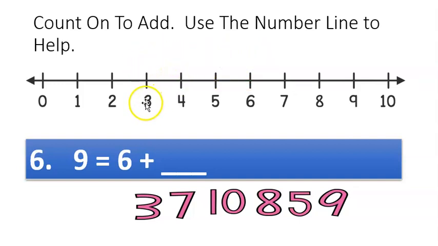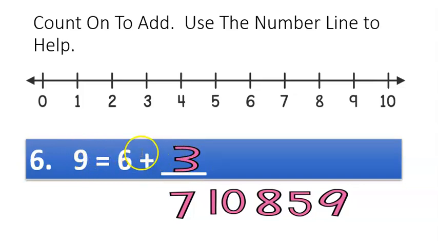So what's our answer, first graders? 3. So Mr. Begay is going to get 3. I'm going to insert it in here to my addition equation. So this is going to now read 9 equals 6 plus 3. That is true because 6 plus 3 does equal 9.